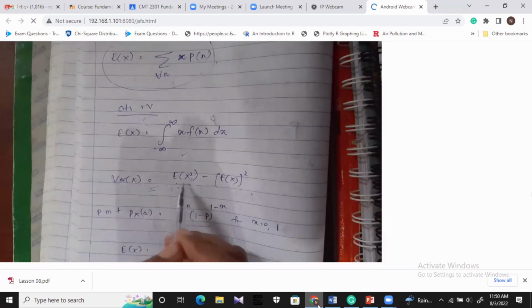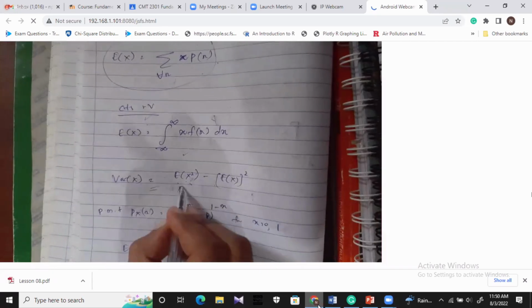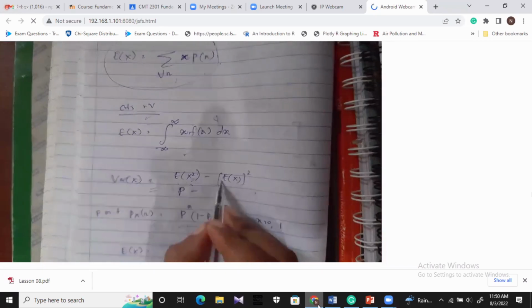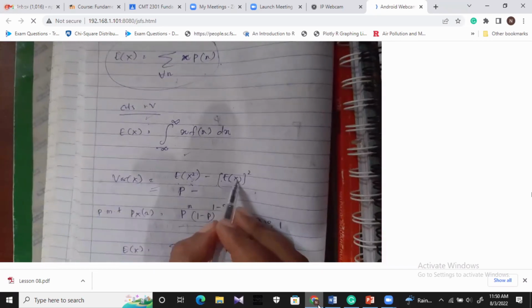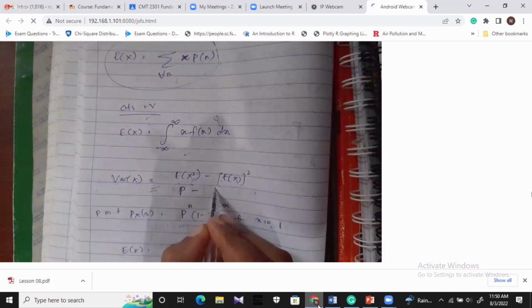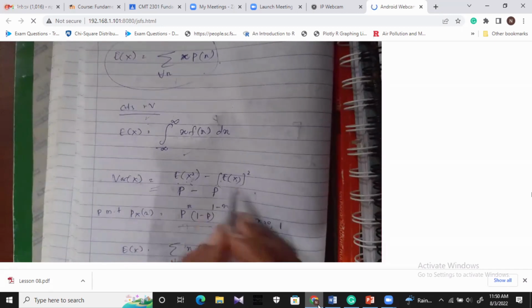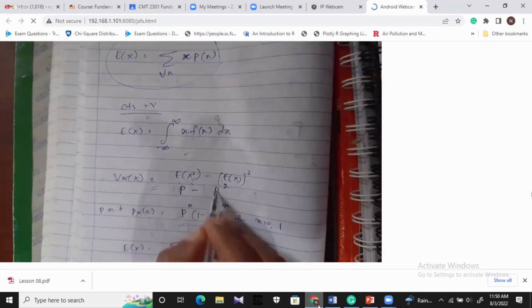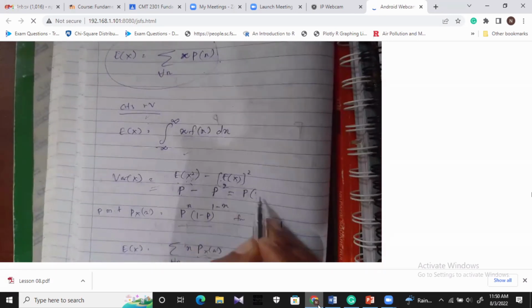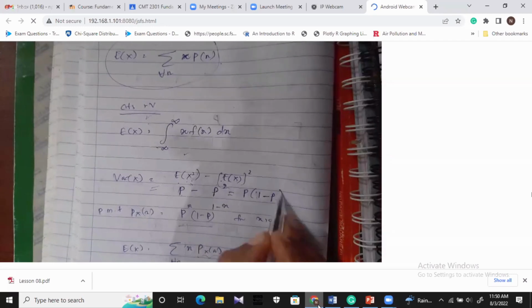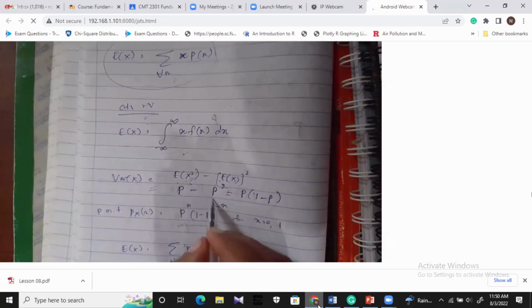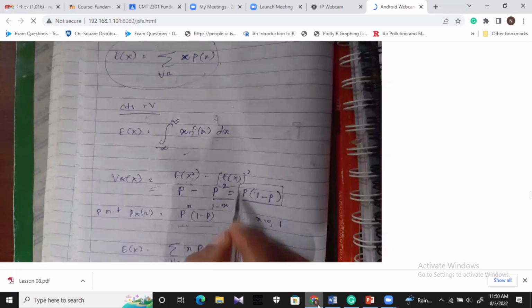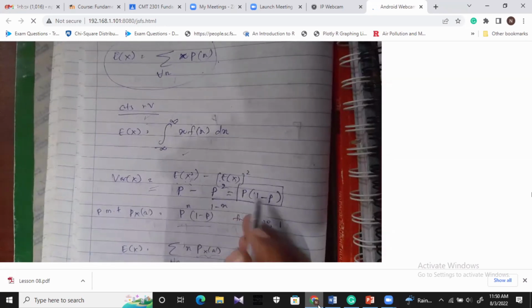The expected value of x squared was found as p, minus the expected value of x, again we found as p, and the whole thing squared. That means p squared. So p minus p squared is equal to p times 1 minus p. So this is the variance of a Bernoulli random variable.